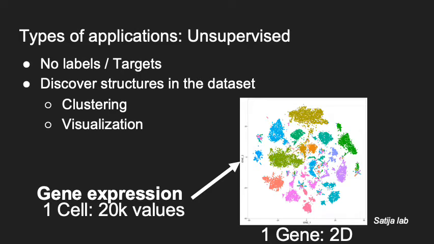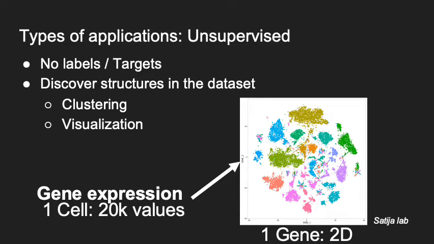Another type of applications that we often see are the unsupervised learning applications. So in an unsupervised context, you have your inputs, but they're not associated to any labels or targets. And so you're working just on the inputs. And the goal is to discover meaningful structure in the data set. And the goal is usually for things like clustering and visualization.